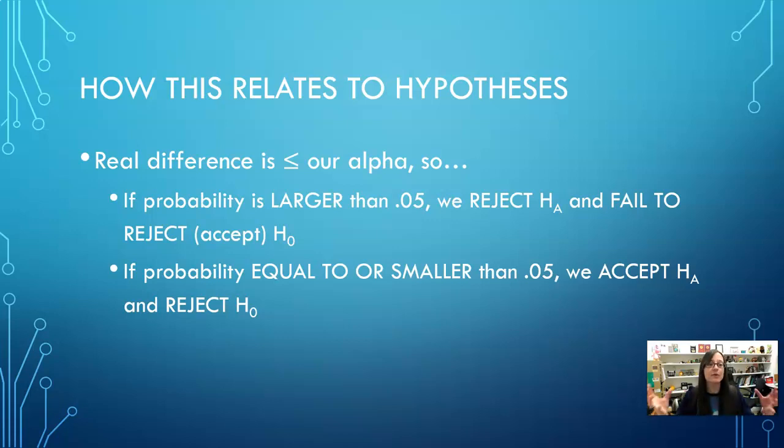So bringing this full circle, you would accept your alternative hypothesis because the chance that the difference is due to error is very, very unlikely. There's like a 5% chance, or if you have your alpha level at 0.01, there's a 1% chance or lower. Or you can even have 0.001, which means there's a 0.1% chance that this is due to error.